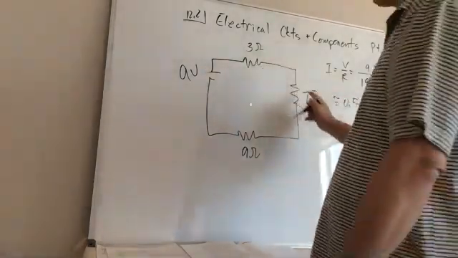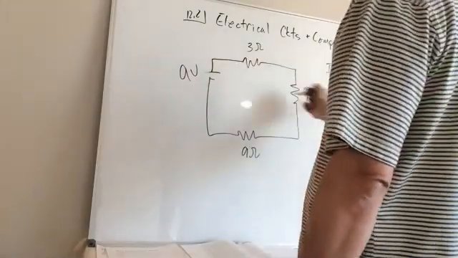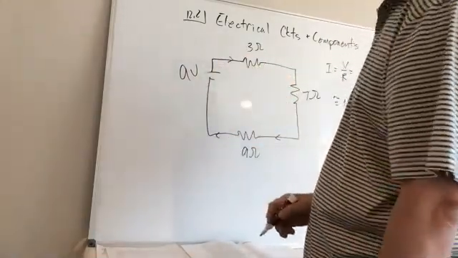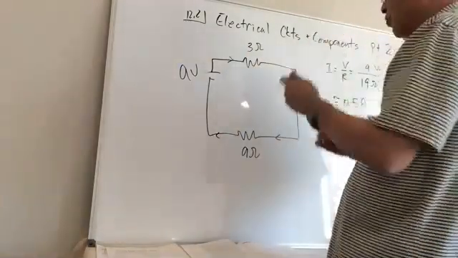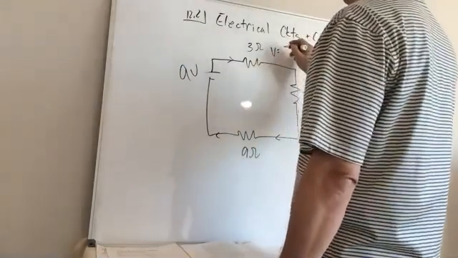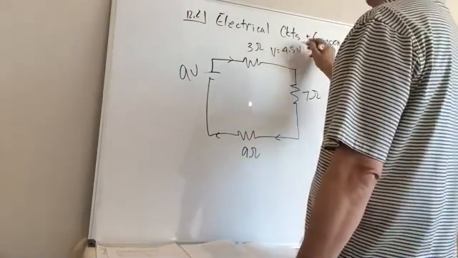So half an amp is going around here, okay? The current flow is going to be half an amp, whether it's here or here or here, wherever it may be. So if I were to ask you for the voltage drop again, the voltage drop would be 0.5 times the 3, so it would be 1.5 volts.